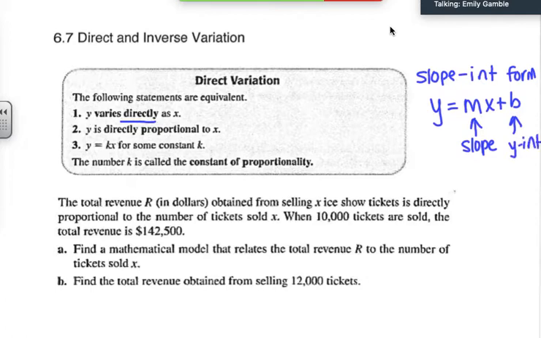The formula that we're going to be using in this case is y equals kx. It's very similar in that there is no y-intercept other than just the starting point 0, 0. So the starting point will always be 0. But then they call the k something else. Instead of calling it the slope, in this section they call the k the constant of proportionality.